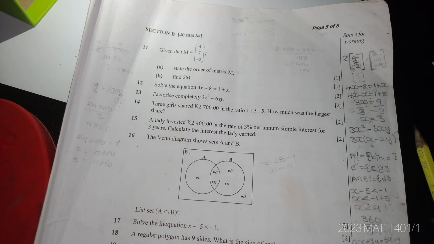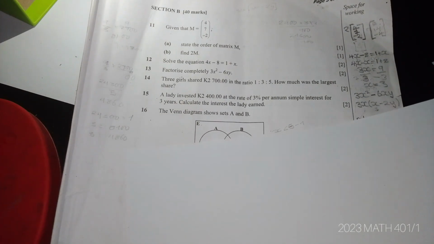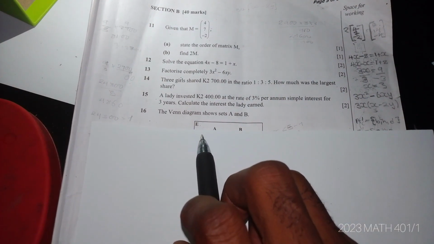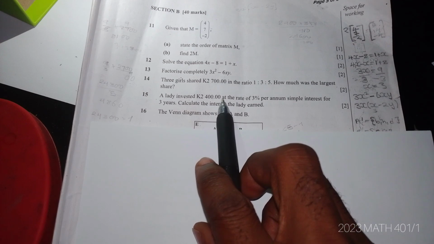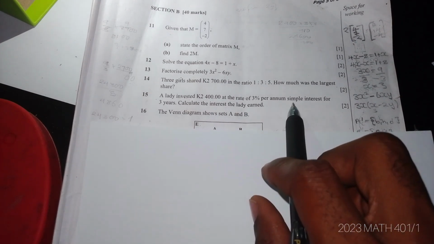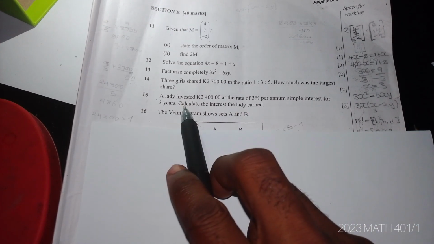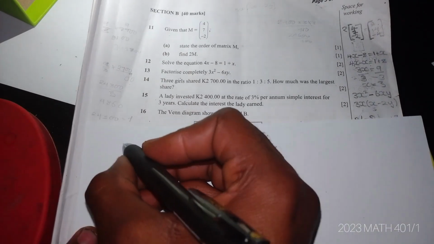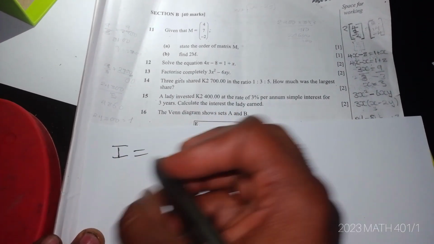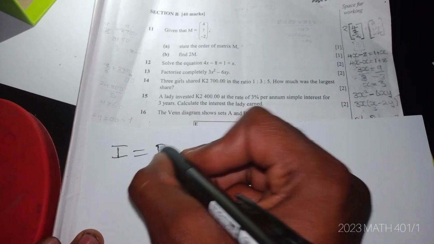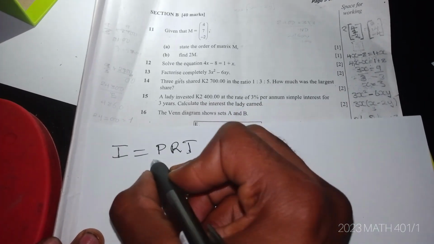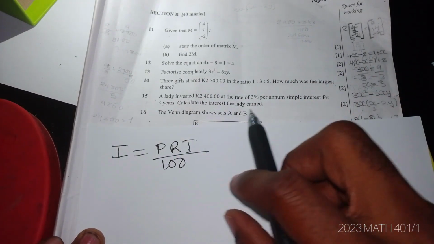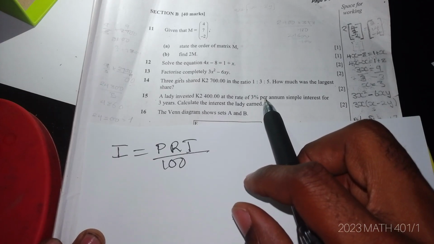So we can proceed to question 15. A lady invested 2,400 at the rate of 3% per annum simple interest for 3 years. Calculate the interest the lady earned. So simple interest, or I, is given by PRT over 100, considering the fact that the rate is always a percentage.